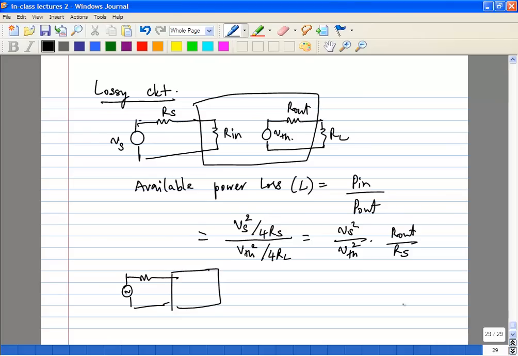Yes, it's a loss, so it's a power loss. This is nothing but the negative in dB of your power gain. If you have a lossy circuit, you want to characterize the loss rather than the power gain. Typically it's called the insertion loss.